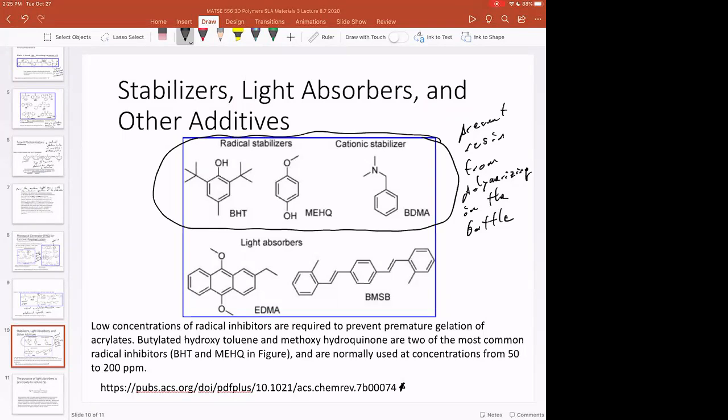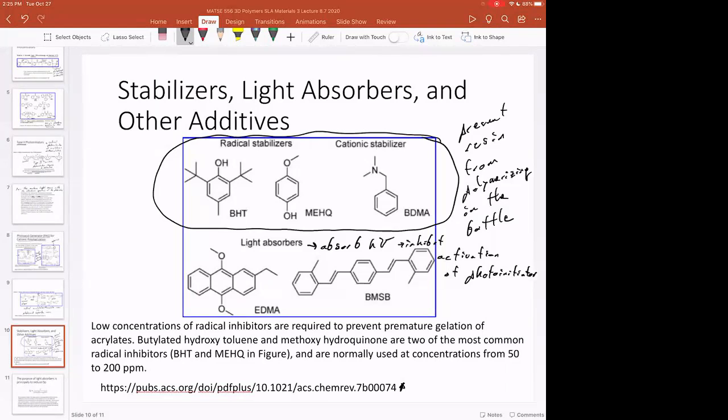Light absorbers, on the other hand, basically compete with the photoinitiators for absorbance of the photon. And so remember, these absorb h nu and they inhibit activation of photoinitiator. So that sounds counterintuitive, right?